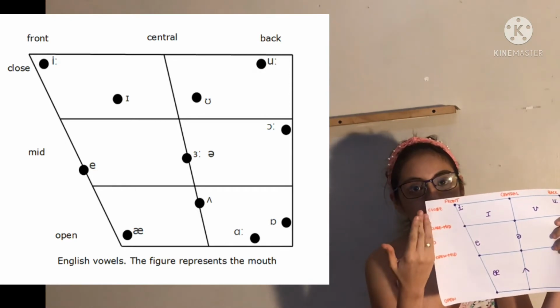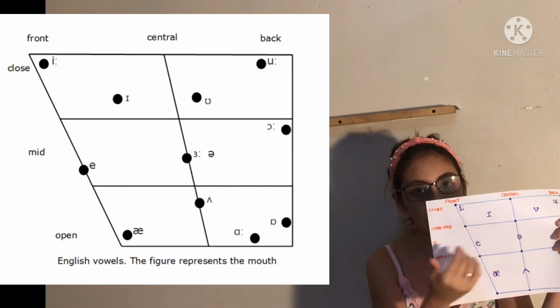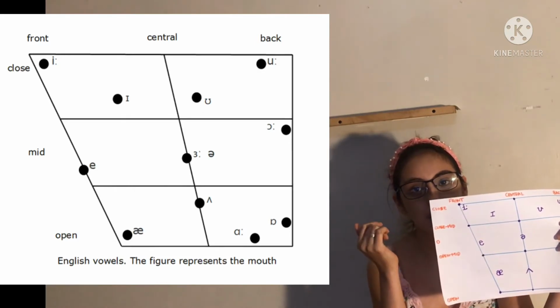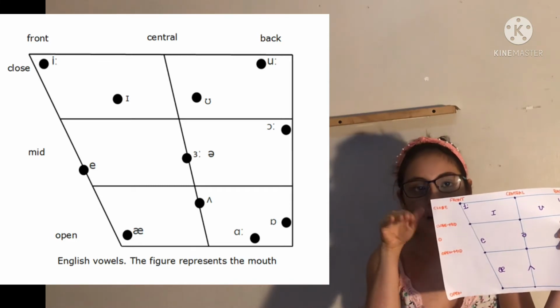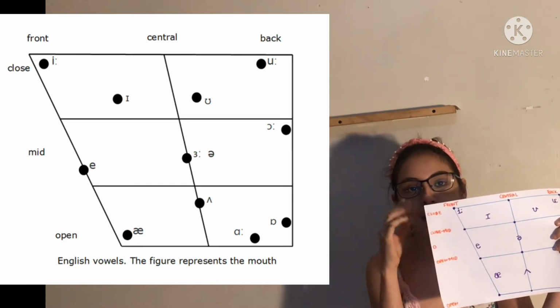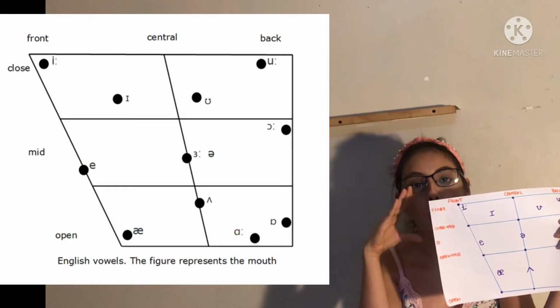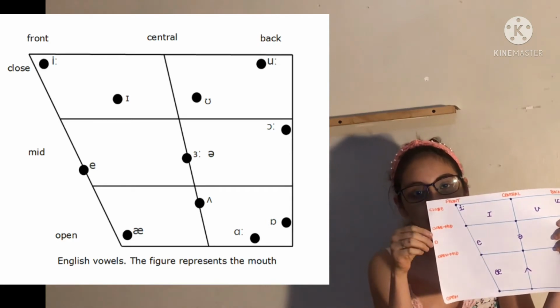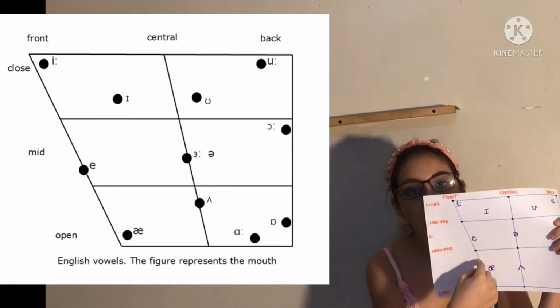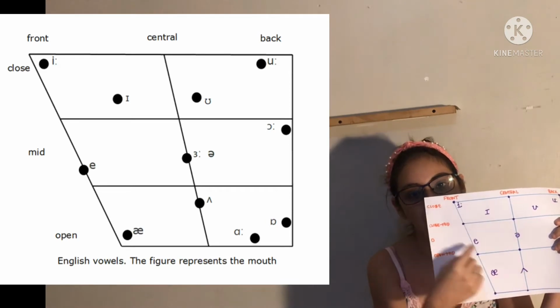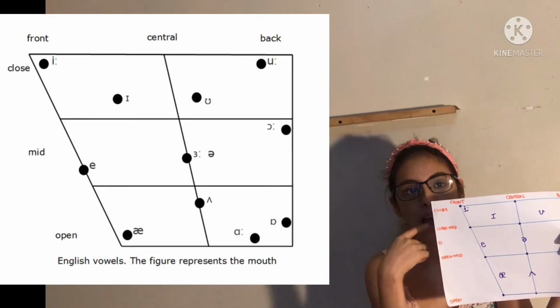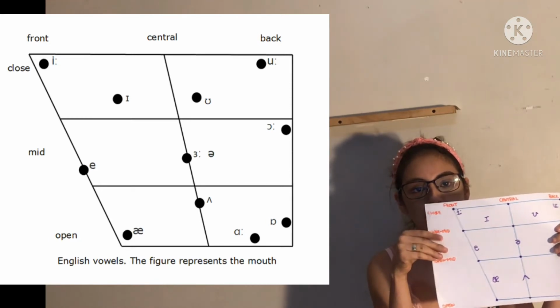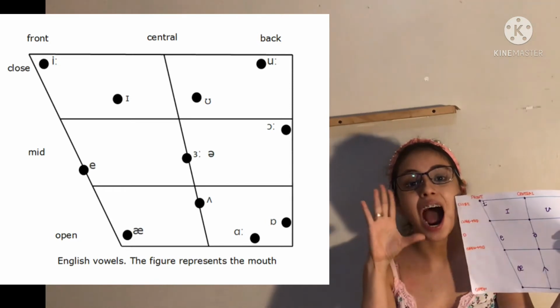Then the A, the position of the tongue is towards the front, and the position of the lips is held open. Finally, the position of the tongue is central, and the position of the mouth is open.